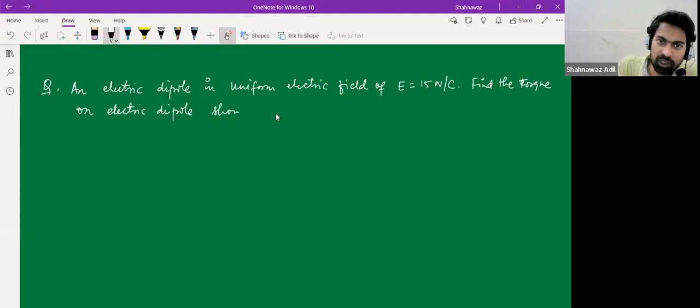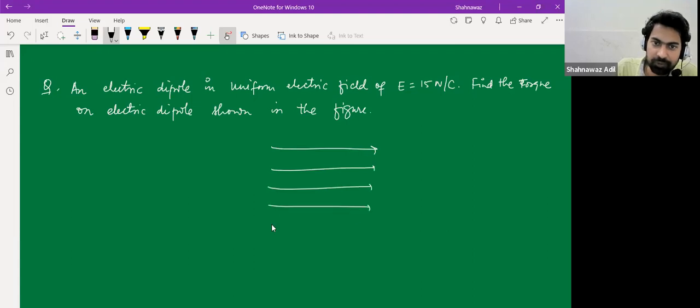Shown in the figure, you have this electric field which is 15 Newton per coulomb, and this dipole is placed at an angle of 30 degrees, and this Q is minus 4 microcoulomb.